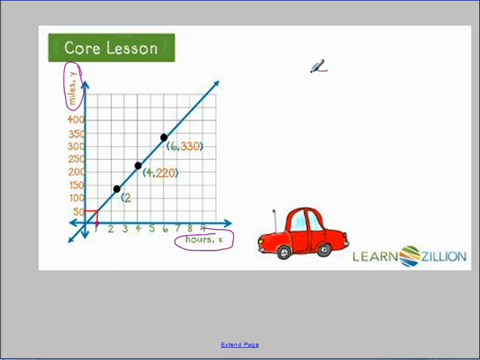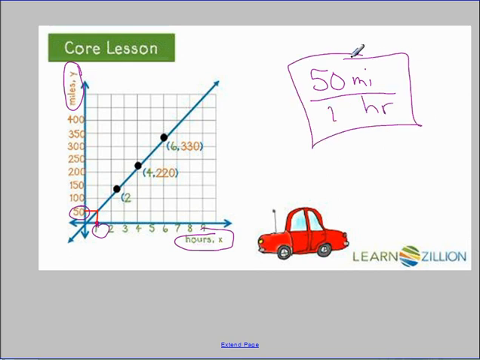So I'm going to end up with 50 here, and that's in miles, over hours here, which is 1 hour. This is 50 miles per hour. That's my unit rate. And once again, it's a measurement of speed.